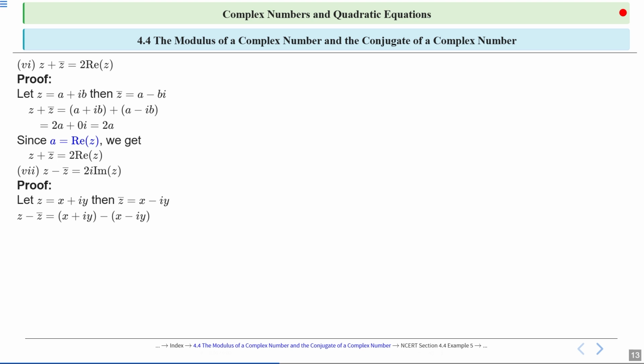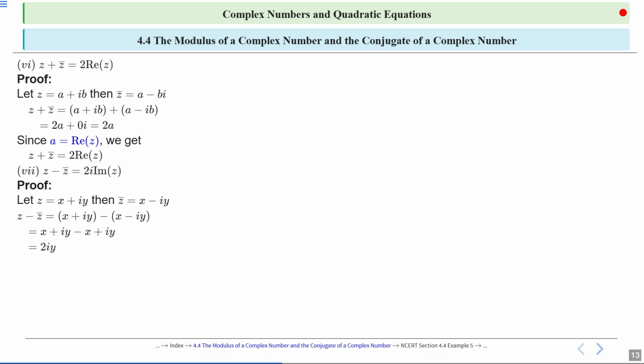And here pay attention to how the real and imaginary parts combine. When we expand this, we get x plus iota y minus x plus iota y. So the x terms cancel each other out and we are left with 2 times iota times y.